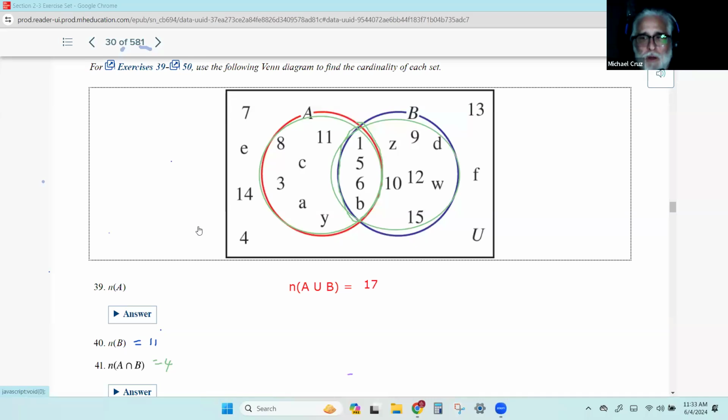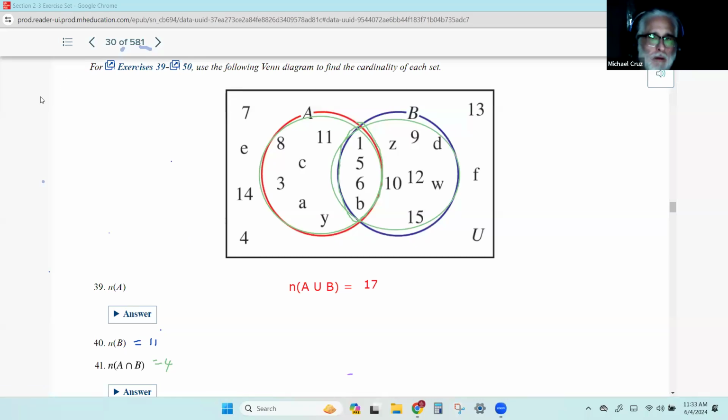All right, let me do a couple more. So the complement. What's not in the two circles?